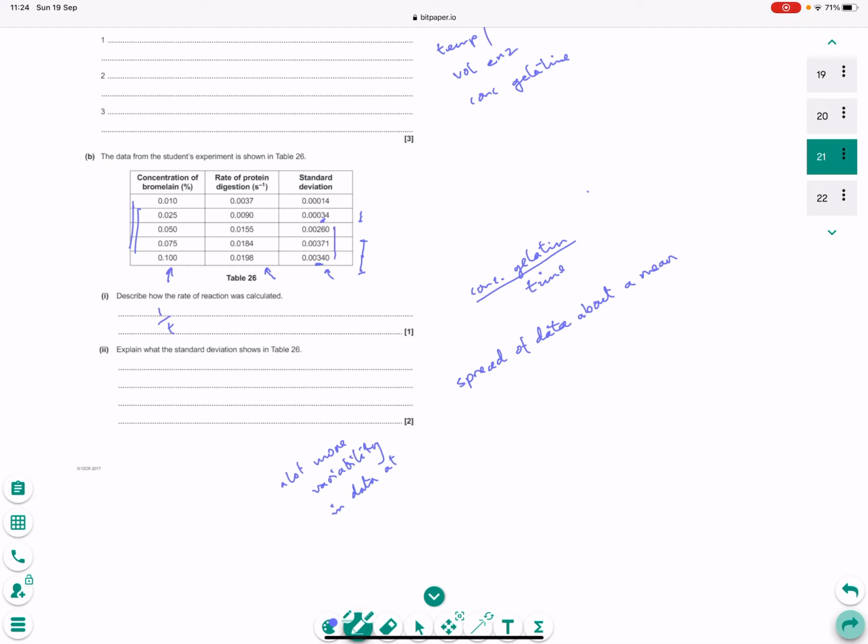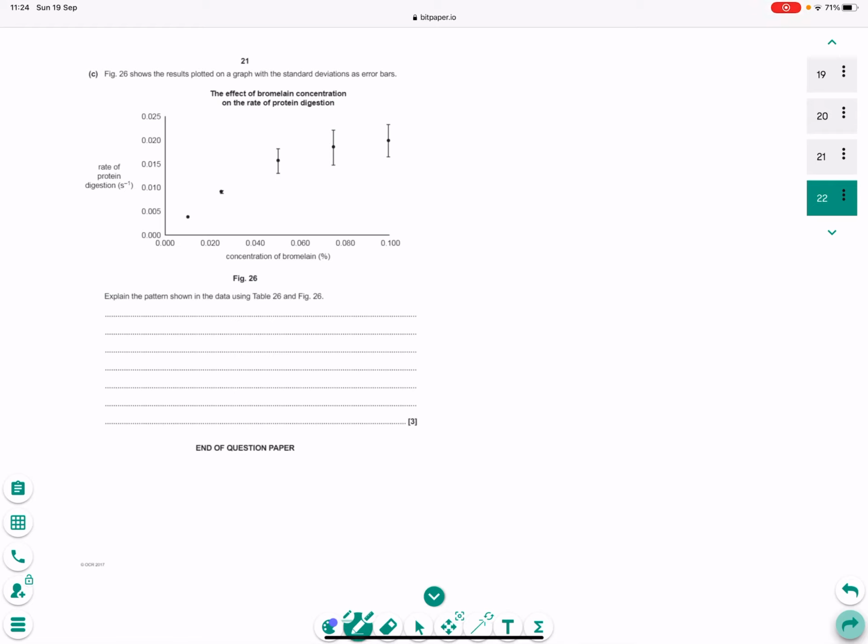I'll just say at higher concentration. And then, which you can see nicely on this graph, these are the error bars. There's tiny little error bars on there. And then these are comparatively big. Figure 26 shows the results plotted on a graph with the standard deviations as error bars. So, okay, the words kind of interchange.